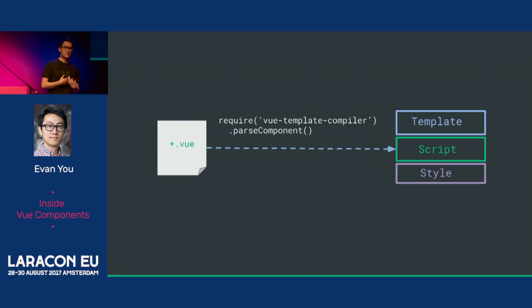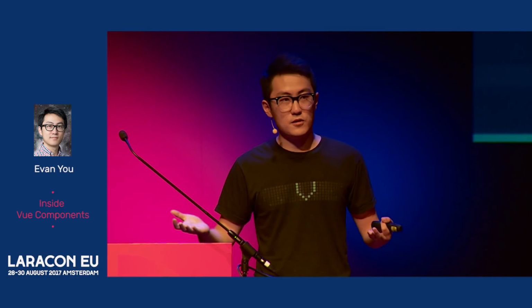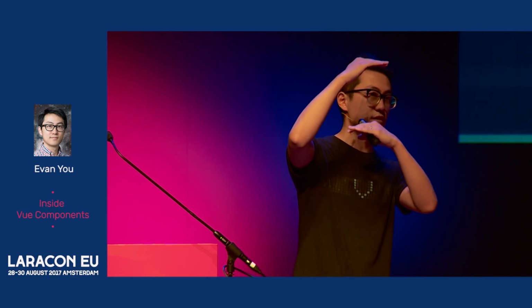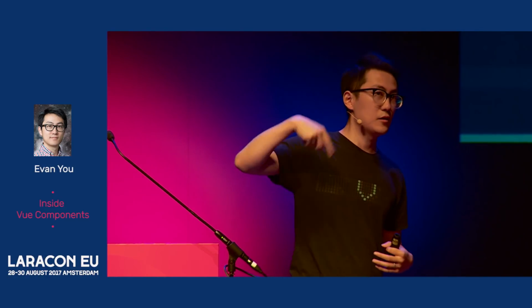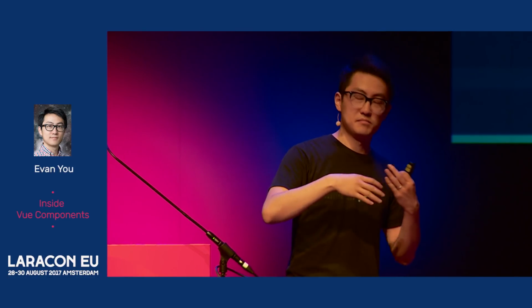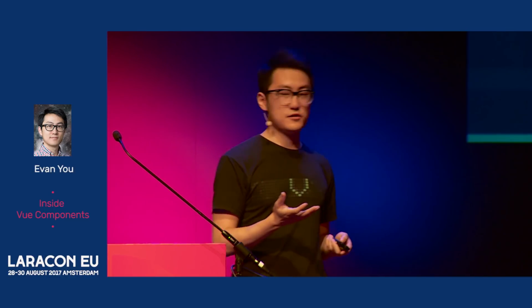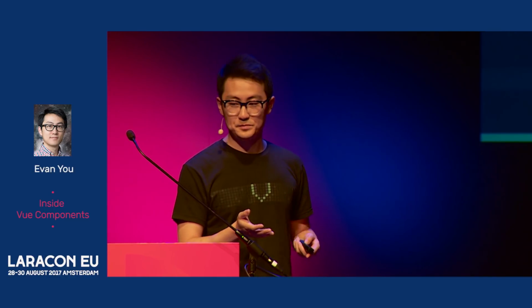If you've written a simple Vue prototype, and in fact I still do, I open up a single HTML file, I pull in Vue from a CDN, and I just start writing things with some div elements, some DOM elements, a script tag, and a style tag. I can instantly load it in the browser and see what's going on. A single file component is essentially that, a single HTML file on steroids. So we use the same HTML-based parser to parse it into three parts: template, script, and style.